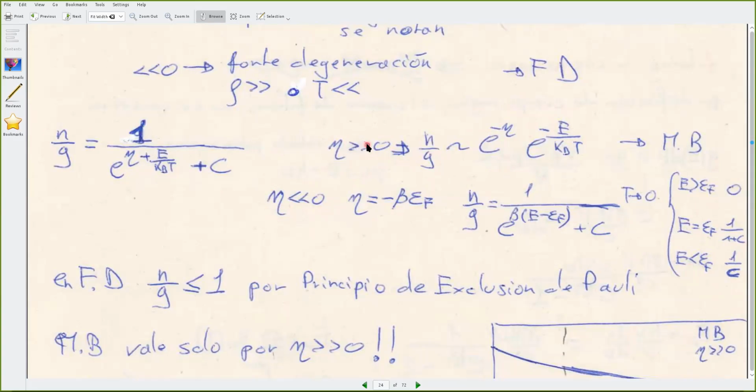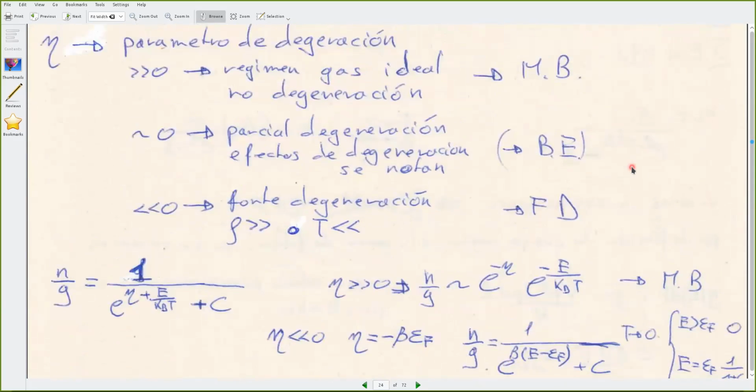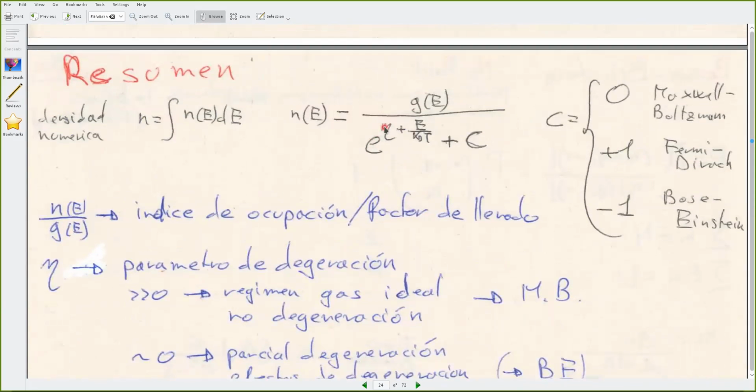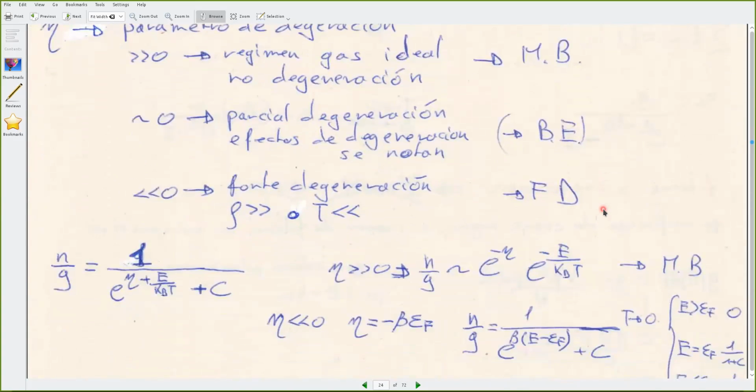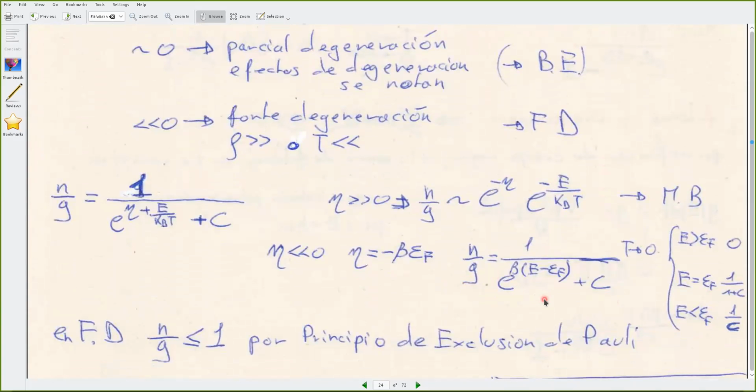This is greater than 0, so this is just taken away anyway. You see here, if this is really big, it doesn't matter how much it is; it is negligible, so you take it away and go directly to the approximate Maxwell-Boltzmann. For every single distribution, if the eta is really big, you go with the Maxwell-Boltzmann approximation.